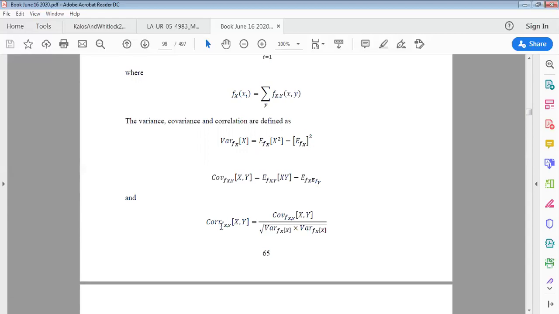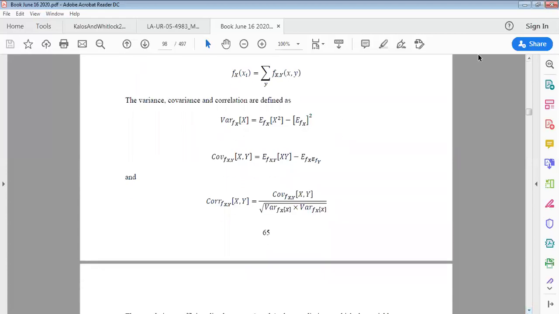Then we have a correlation coefficient between the two variables, and this is something you must have heard so much about. The correlation between two variables is the covariance divided by the square root of the product of the variances of x and y. I'm sorry, this should be f of y and y, and this should be x.